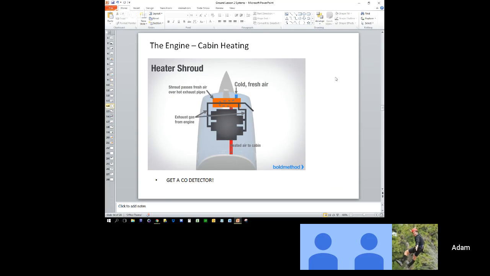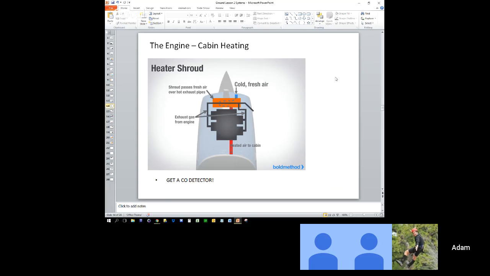All right, we're going to transition over to the electrical system. We're almost done talking about the engine system. But before I do, I just want to quickly mention that there is one auxiliary engine system known as cabin heating. Most all aircraft you fly will have a cabin heater. 90% of the cabin heaters out there are going to be what's known as a shroud or a manifold heater.